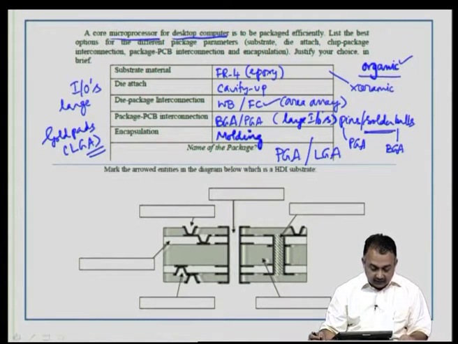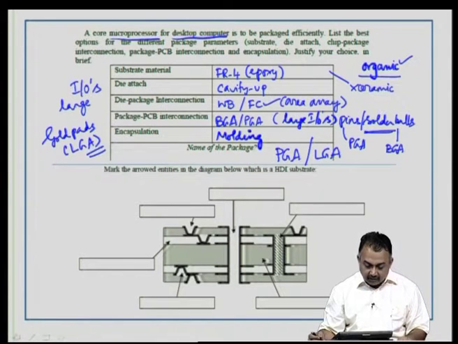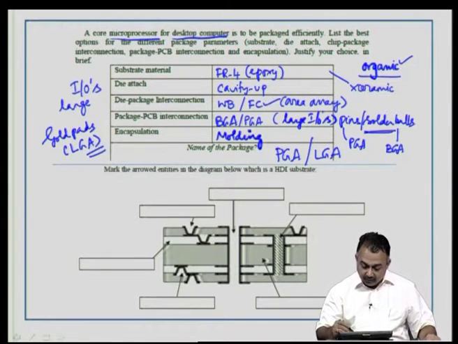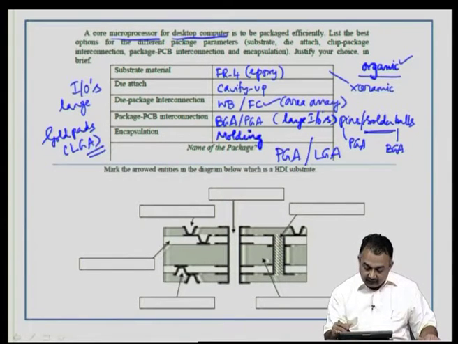Now, the next question is, mark the arrowed entities in the diagram below, which is a high density interconnect substrate. So, I hope you are familiar with this cross section. Let us begin with identifying the sections in this particular figure. Now, this is a multi-layer substrate. You can see there is an interconnect through hole happening between the top layer and the bottom layer.